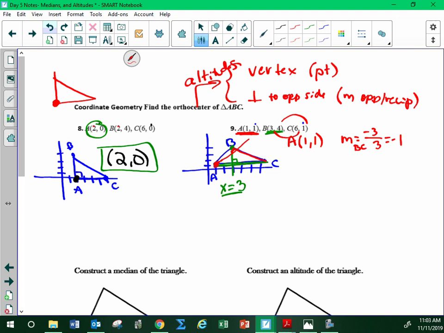So the slope of the original line was -1. So what's my perpendicular slope then? 1. Okay, so now I can write my equation of the line. I'm using my point and my slope. So y minus 1 equals 1 times x. Oh, come on, that's x minus 1. So I've got my equation of one of my lines. I've got my equation of my other line.